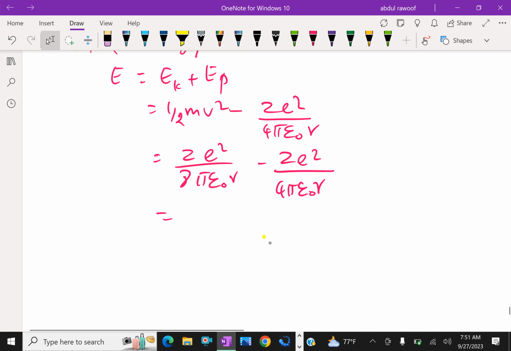Then simplifying, we get minus Z e squared over 8 pi epsilon 0 r. This is the total energy.